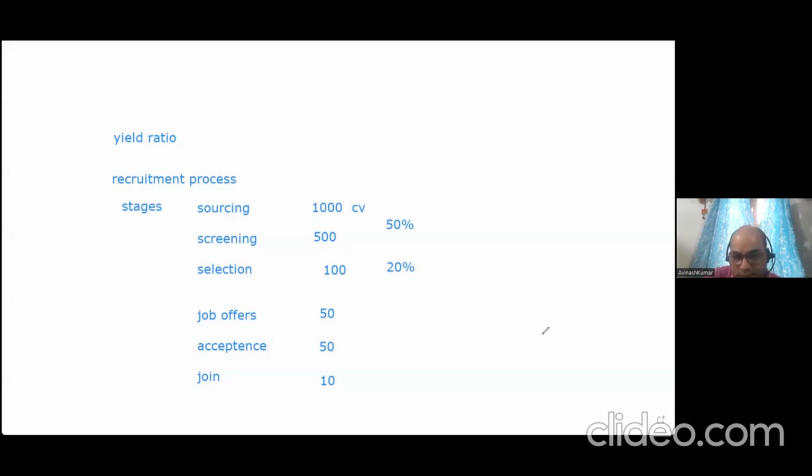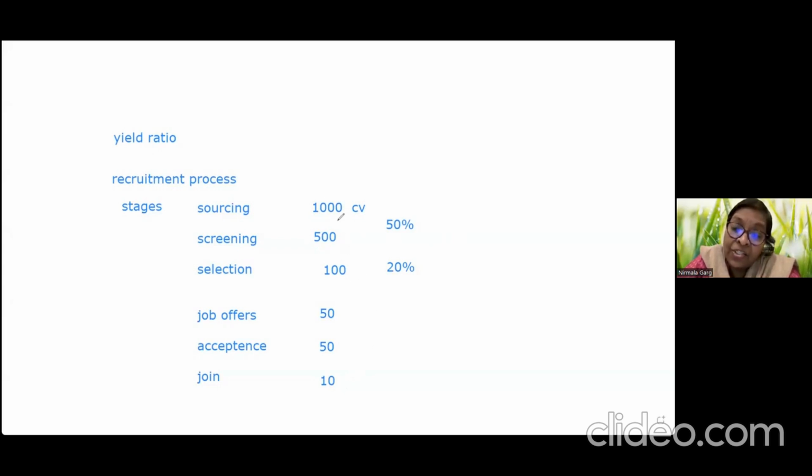That we will find out in process percentage. Then we will divide by the 100, or somewhere like that. So how will you do it? 1000, now 10%. Again, you have to decide what you will do. Every organization does it a different way. There are organizations which will use sourcing CVs and then joining CVs and create a yield ratio.